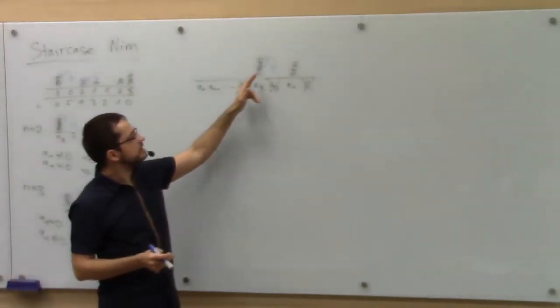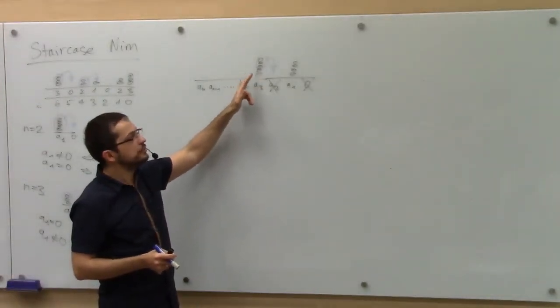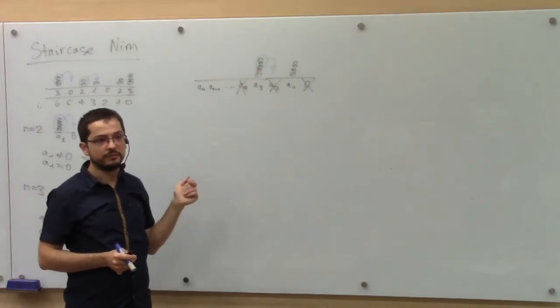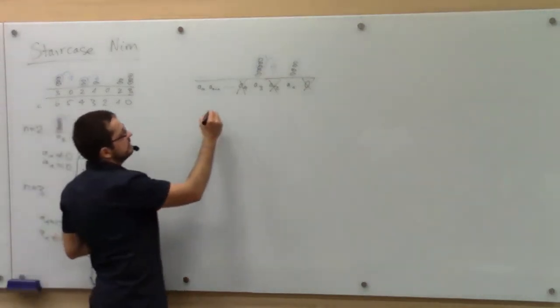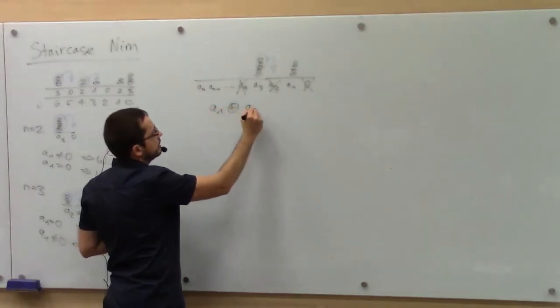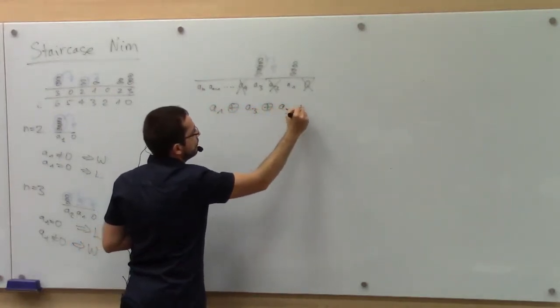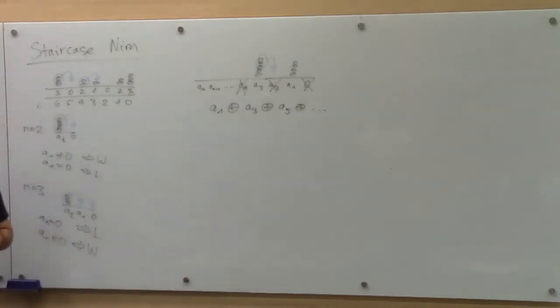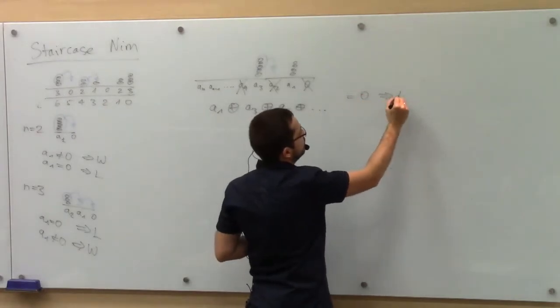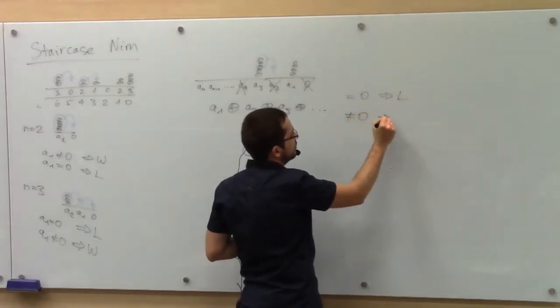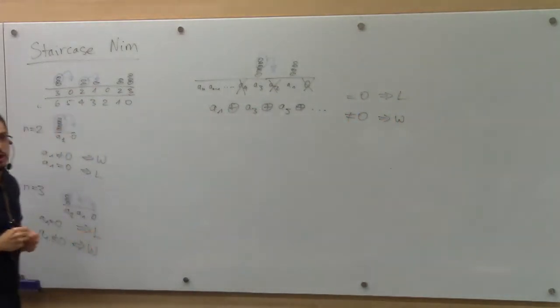So basically, we can see that this is essentially removing these coins from the game. If it's removing the coins from the game, then it looks like some kind of Nim. And basically that's it. We have to calculate the XOR of every odd stack, and if this XOR is equal to 0, then we have a losing position. If this XOR is non-zero, we have a winning position.